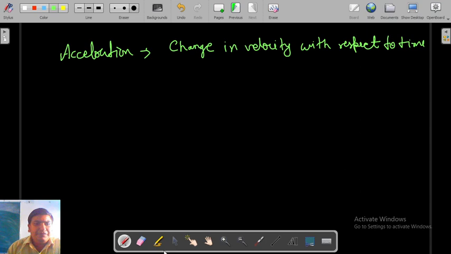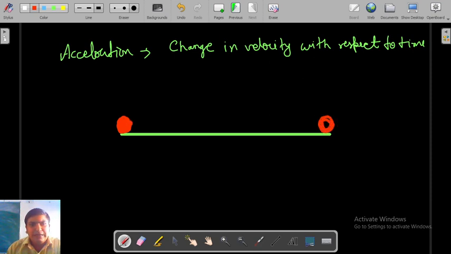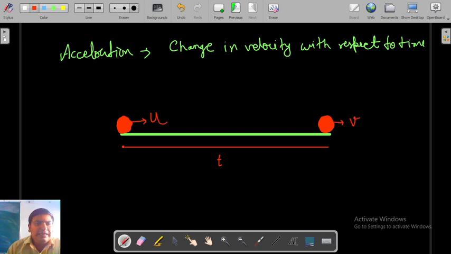Okay, which means if there is a particle who starts the motion from this point and ends the motion at this point, and time taken to reach from this point to this point is suppose t, initial velocity is u, final velocity is v, then we can say that acceleration a is change in velocity, that is v minus u by t.